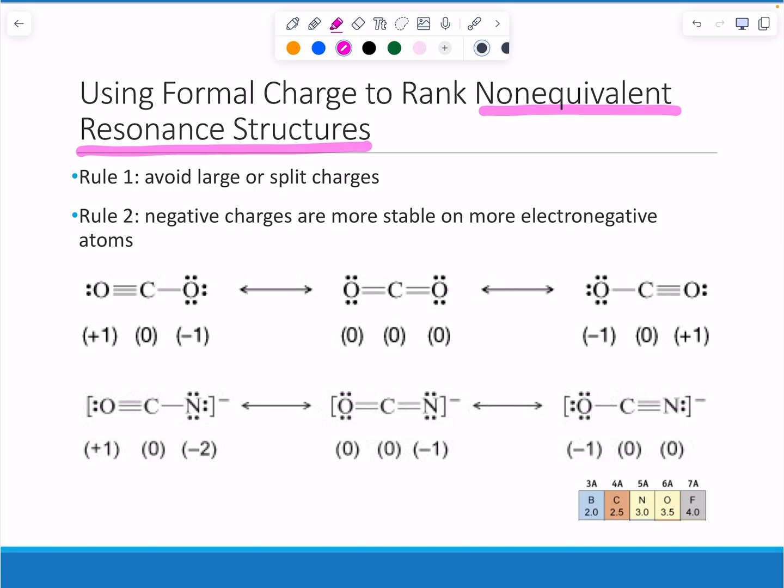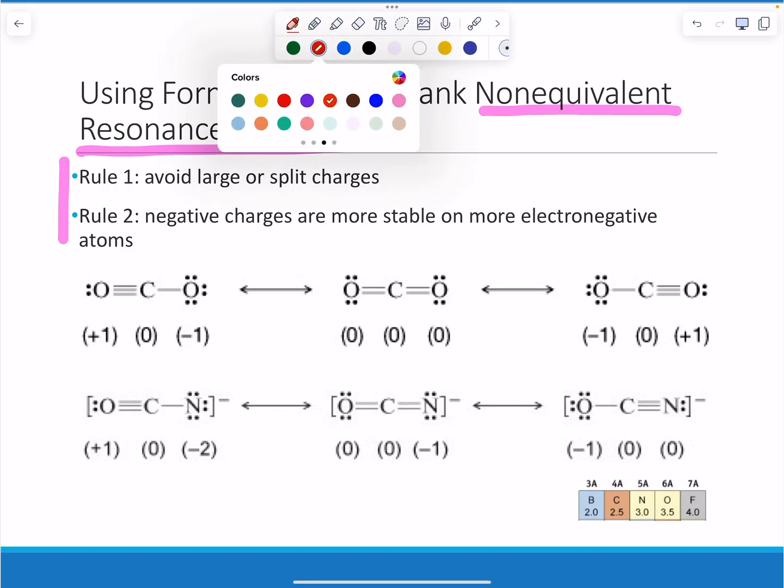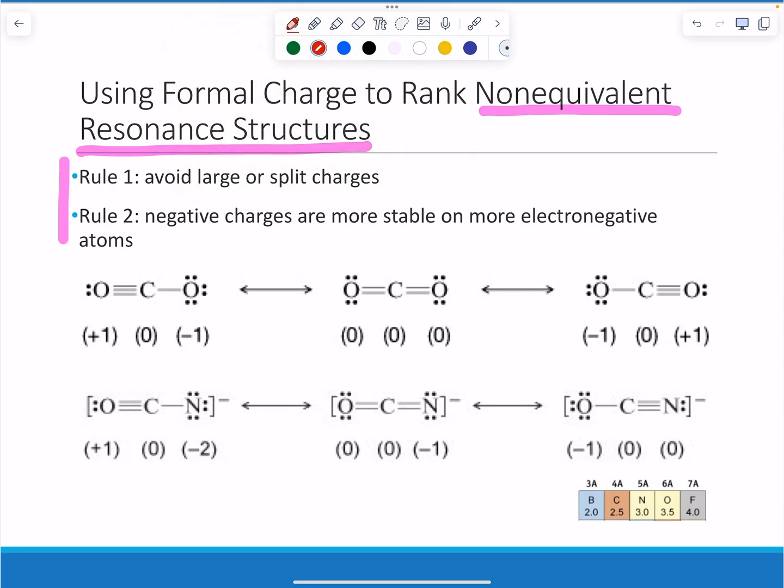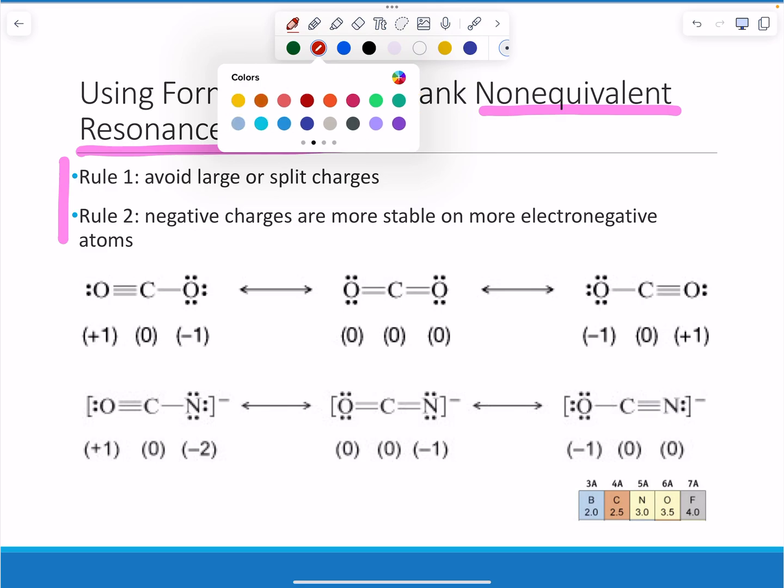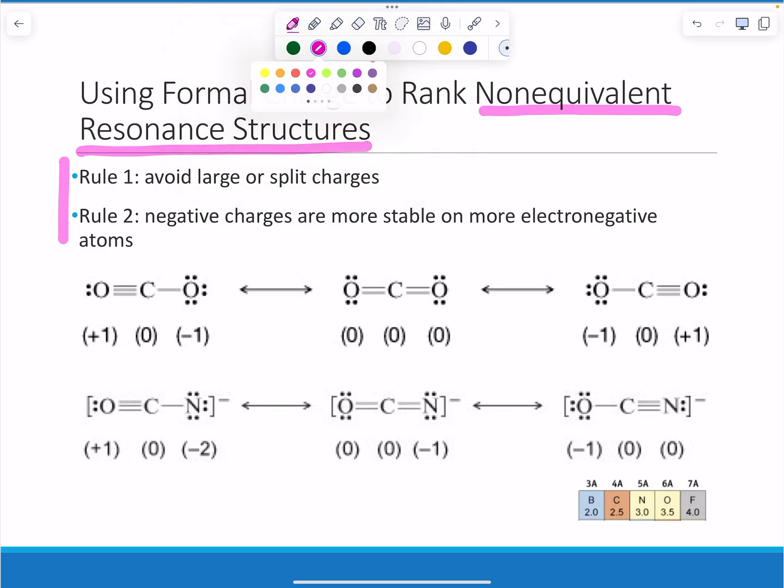So the things that make for the more favored structure, okay, are these, follow these two rules, okay? So these are going to tell you which structure is favored.